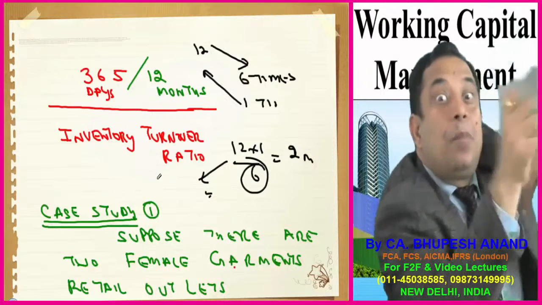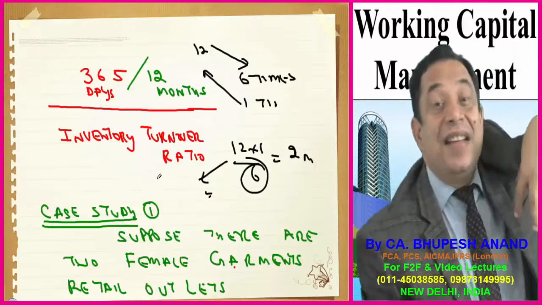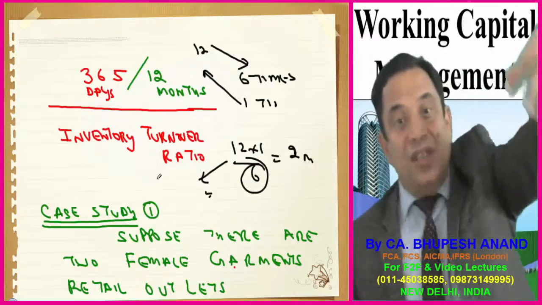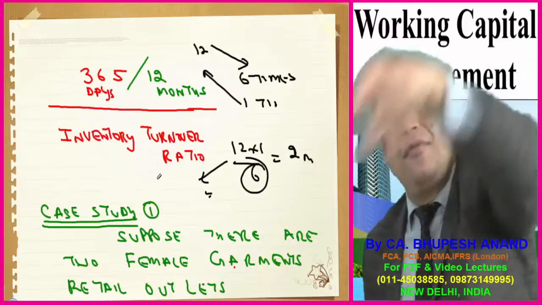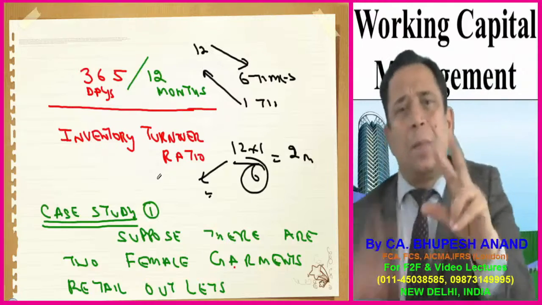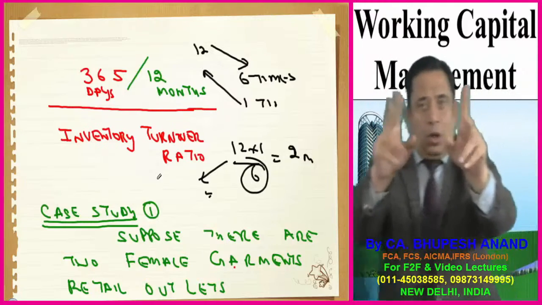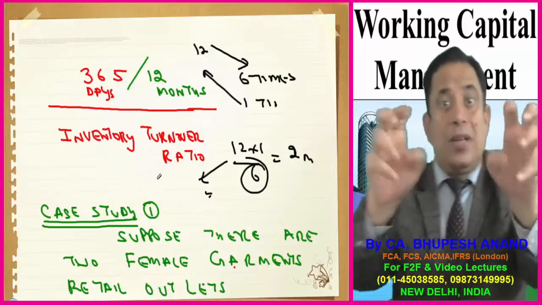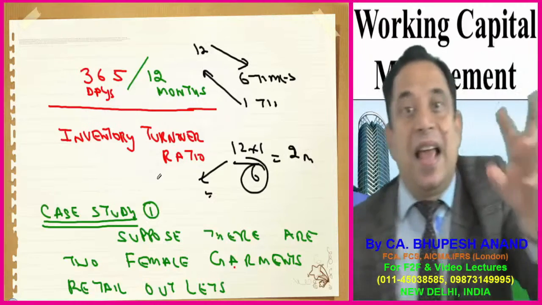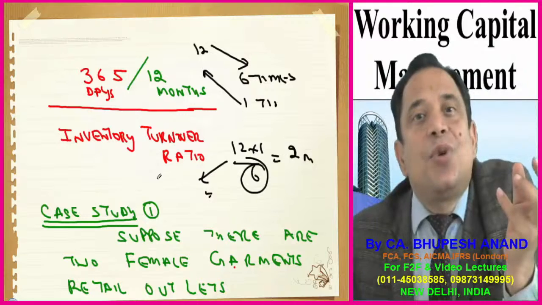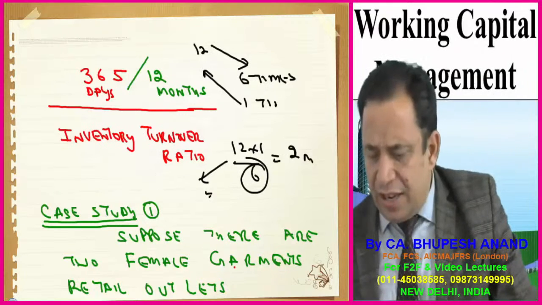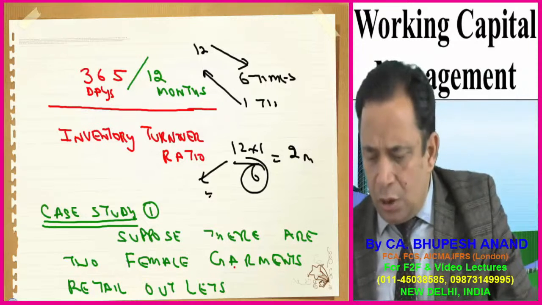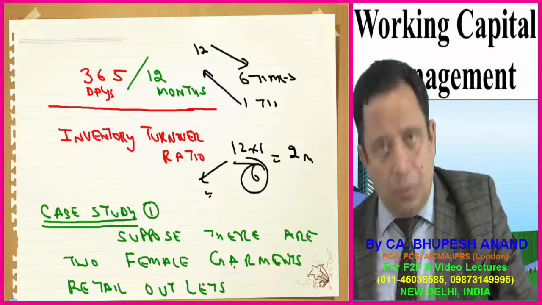So I have taken the example of West Side, a Tata venture for female garments, and a normal local stall. So I am comparing two things. A normal local stall has to keep more varieties, and a West Side showroom has to keep very few varieties of garments in that outlet.